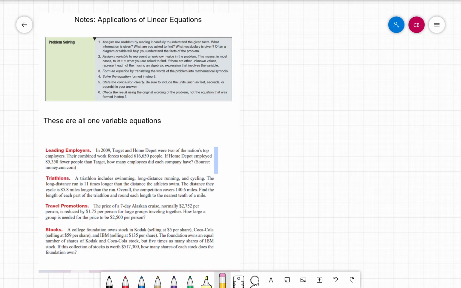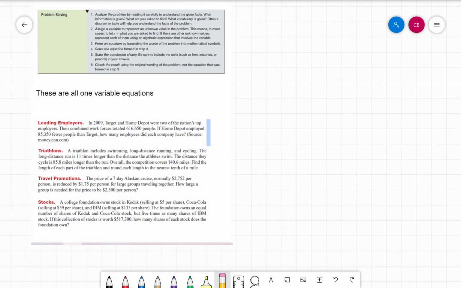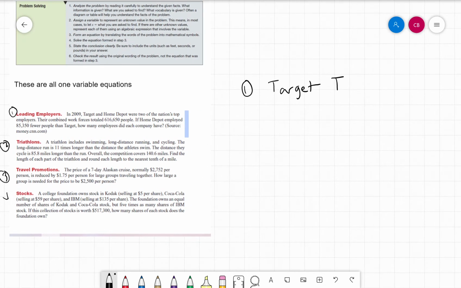So it says in 2009, Target. I'm just going to go ahead and write some notes. This is for the first one. For 1, if we do Target, we'll call that T. One thing to note, these are all one variable equations, but I'm going to write them in two variables for now.